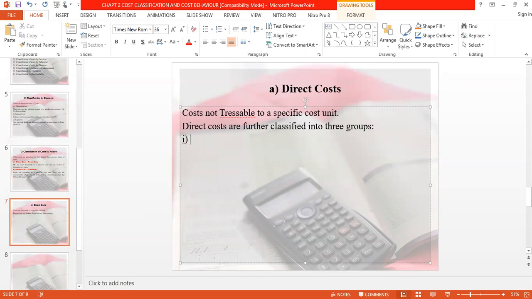Group number 1 is what we call direct materials. Group number 2 is what we call direct labor. Group number 3 is what we call direct expense.